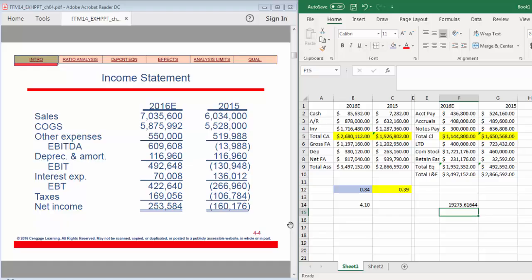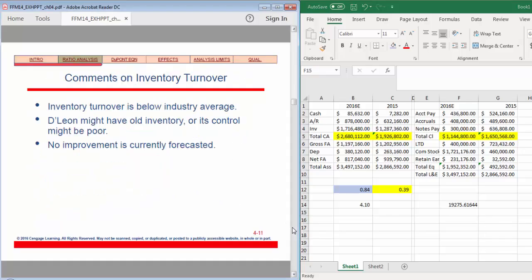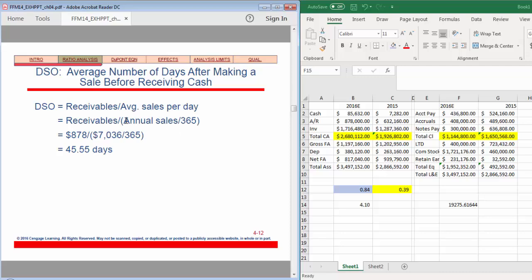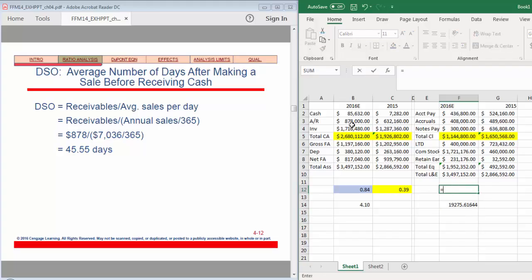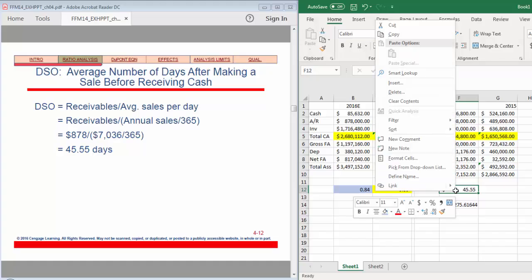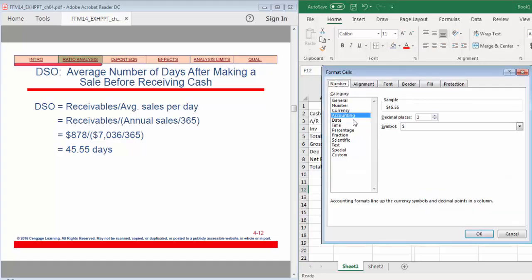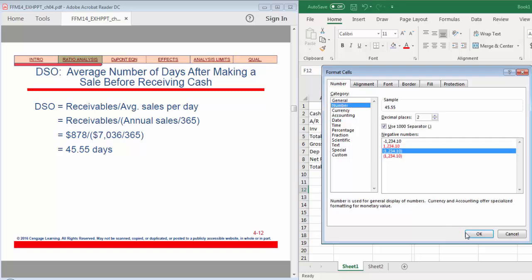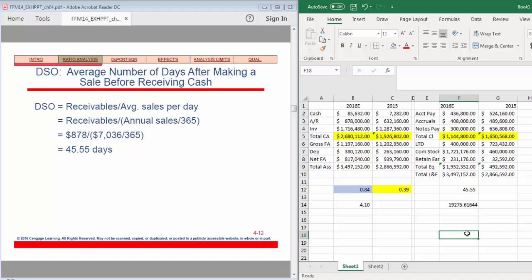That gives you an average daily sales number. Receivables is the accounts receivable we identified for the 16 estimate, which is 878000. So I take my accounts receivable divided by the number I've calculated here, and this is going to be 45.55 days. So it'll take you about 45.55 days before your sales get converted into cash.